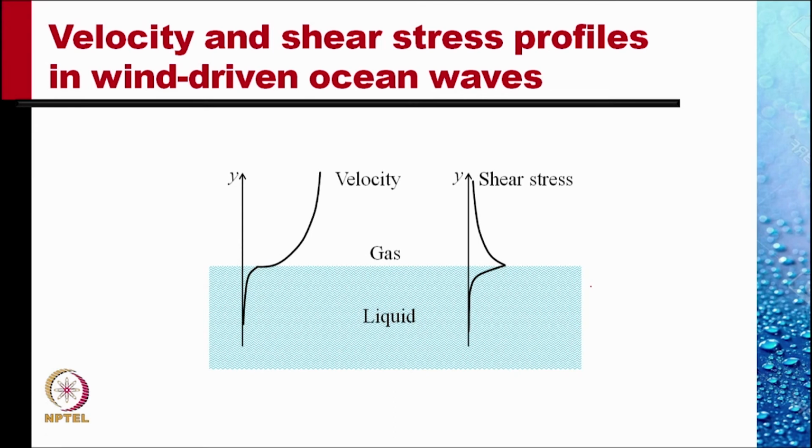The shear stresses would be maximum at the interface. In fact, it is these shear stresses which are driving the motion in the liquid. And these stresses would slow down the gases, the air, the atmosphere above the ocean.